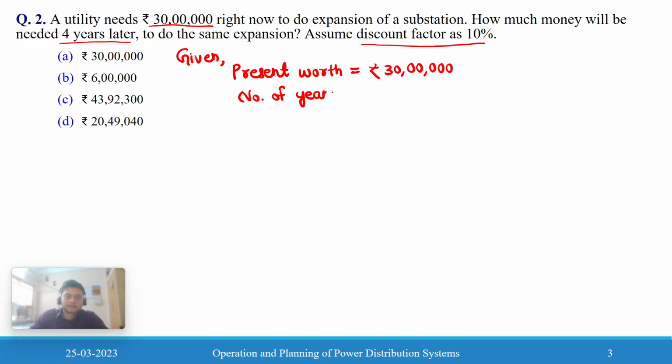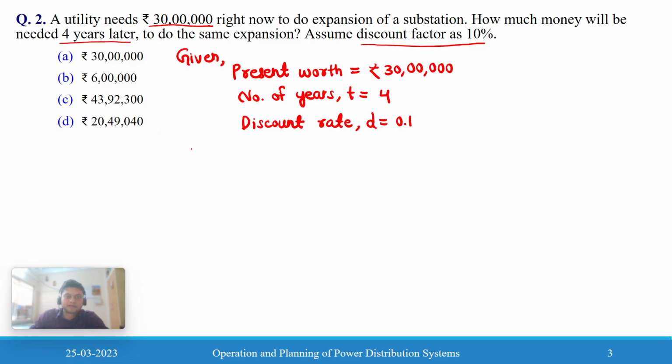Number of years, T, is given as 4. And then we have the discount rate, D, which is given as 0.1.